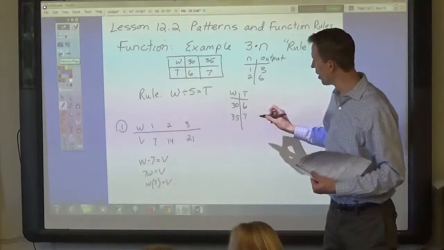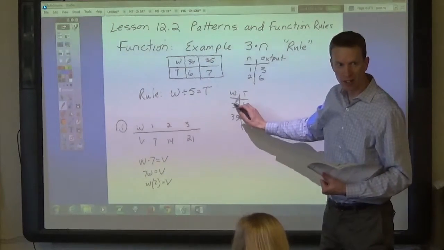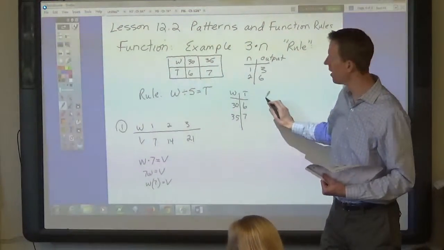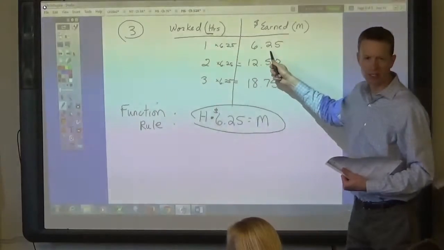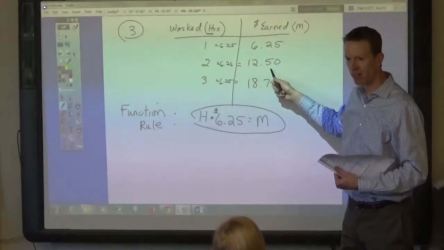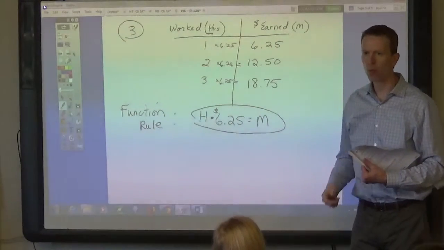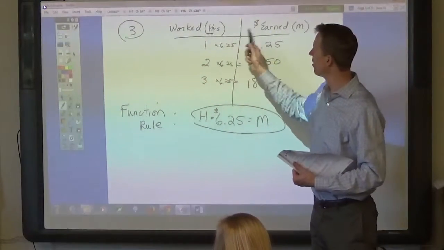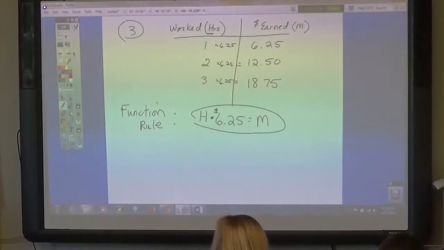You need to ask yourself, how do you get from the first letter to the second letter? How do you get from 1 to 6.25, 2 to 12.50, 3 to 18.75, and then write it using the letters and the pattern.